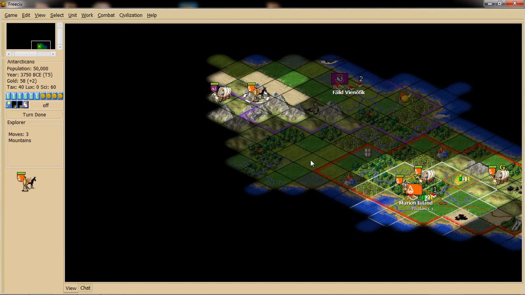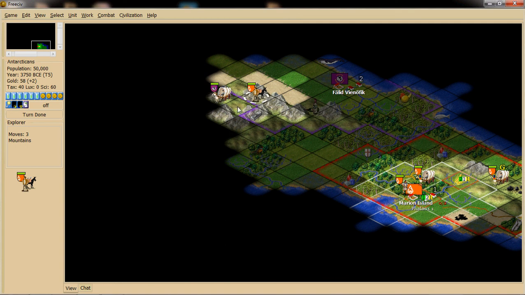He's headed for it, and we don't have military units out there. But by using the zone of control of this explorer, because settlers can't attack, they can only defend, just like explorers cannot attack, they can only defend, I can use his zone of control to prevent the settler from heading down that direction.